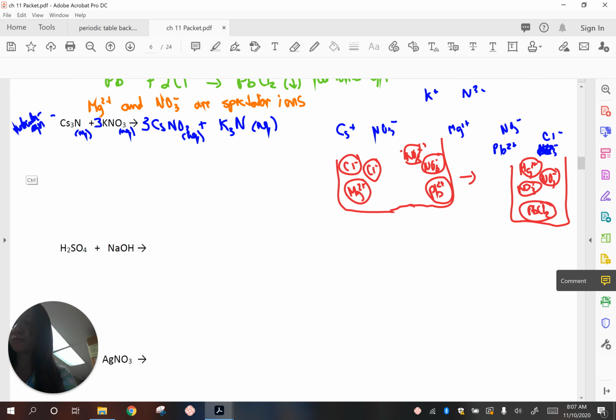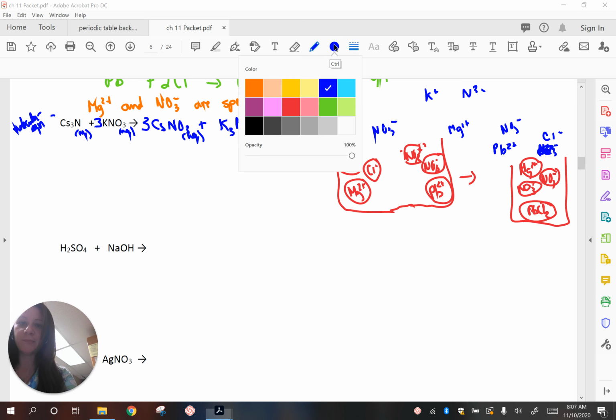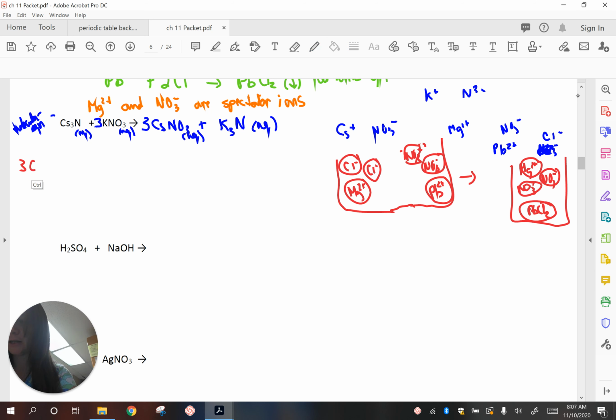If we were to try to write our complete ionic equation, you would get 3 Cs plus and N3 minus. Those are the ions for Cs3N. For KNO3, we have 3 K pluses and 3 NO3 minuses.